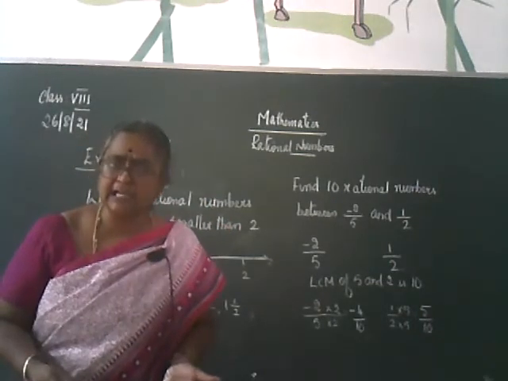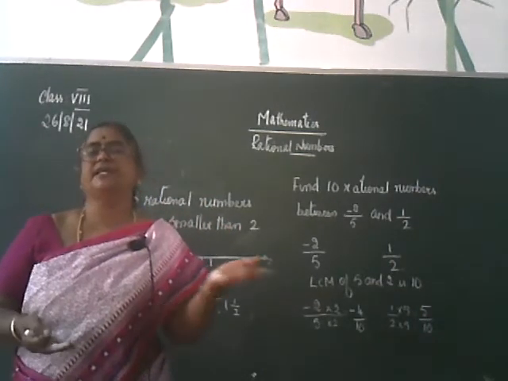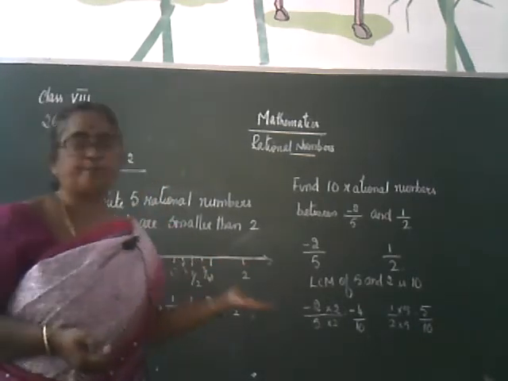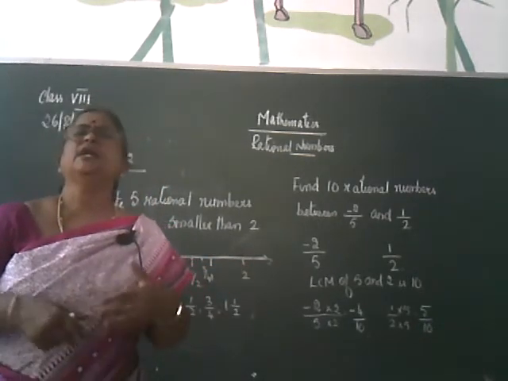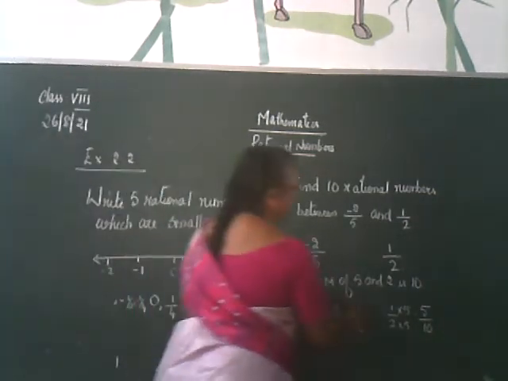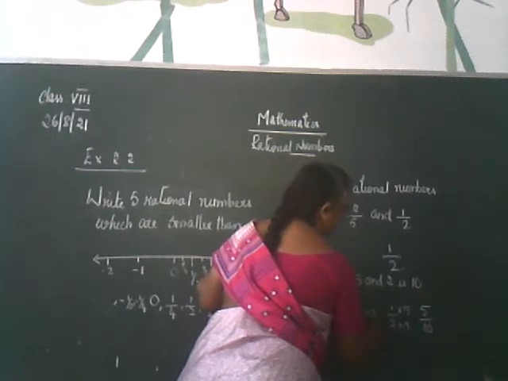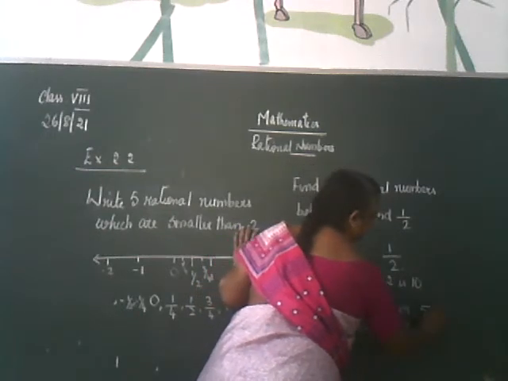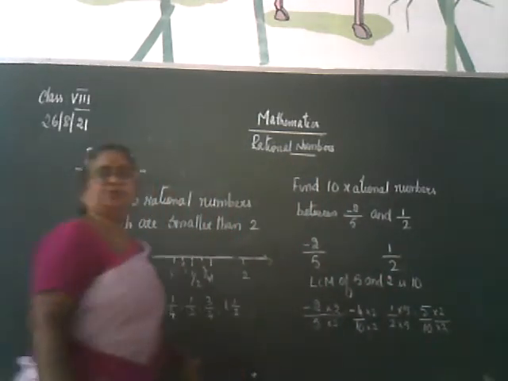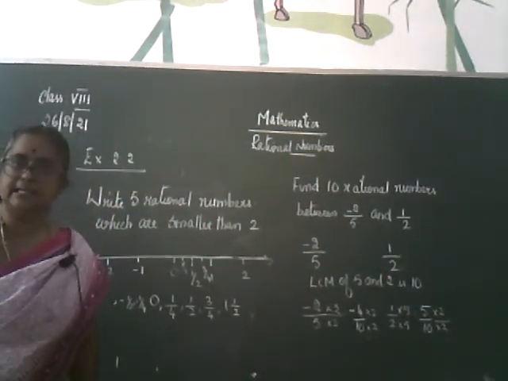Again make an equivalent fraction of the given rational numbers. Now you have written minus 4 by 10 and 5 by 10. You can multiply by 2 so that it becomes 20. Multiply both numerator as well as the denominator.